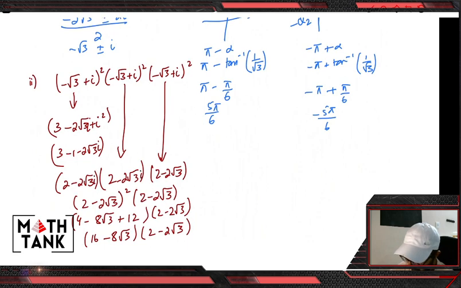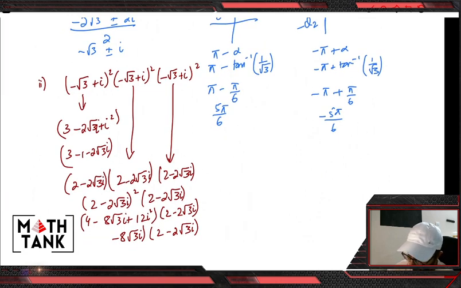All of these are with an i, which is why it's messing up my calculations. Then this shouldn't be 16. It should be 4 minus 12. That gives me minus 8.